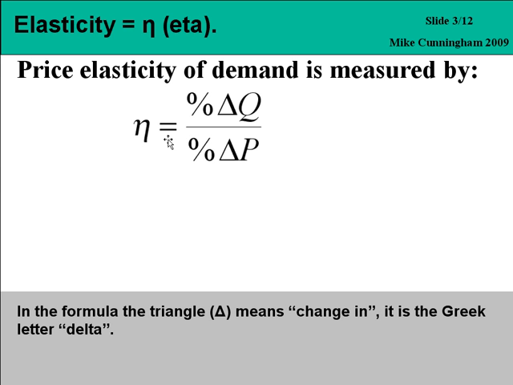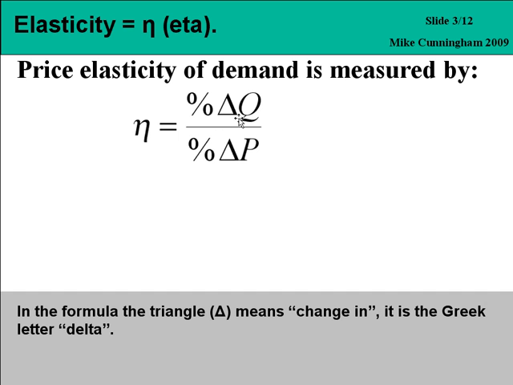Now if you read this across, it's actually very straightforward. It's equal to the percentage, and this triangle here means delta. We use another Greek term in mathematics to show the change in a variable.